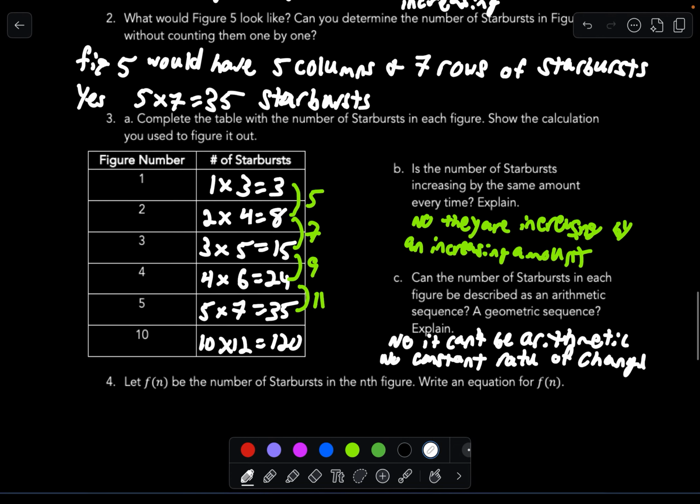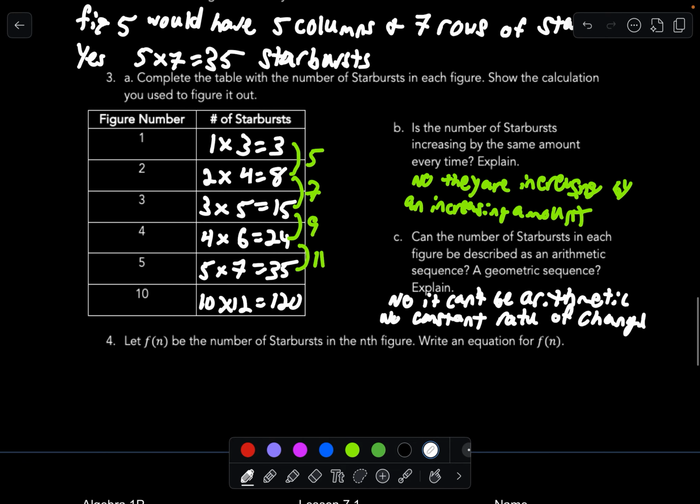Can it be exponential? And the answer to that is also no, because we're not multiplying. If you look at these numbers, to go from 3 to 8, you would have to multiply 3 by 8/3. And then to go from 8 to 15, you'd have to multiply 8 by 15/8.